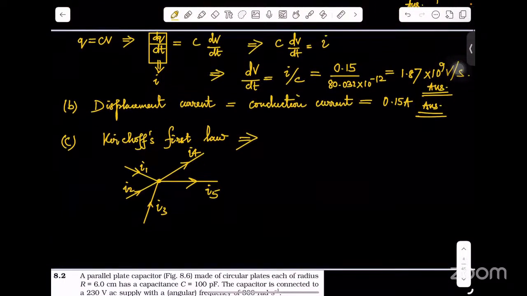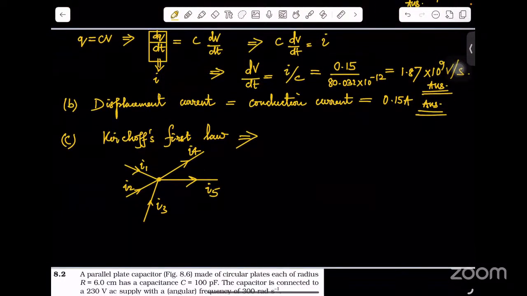So Kirchhoff's first law says that the sum of the currents which are incoming, or the currents which are coming to the junction, should be equal to the sum of the currents that are leaving the junction.